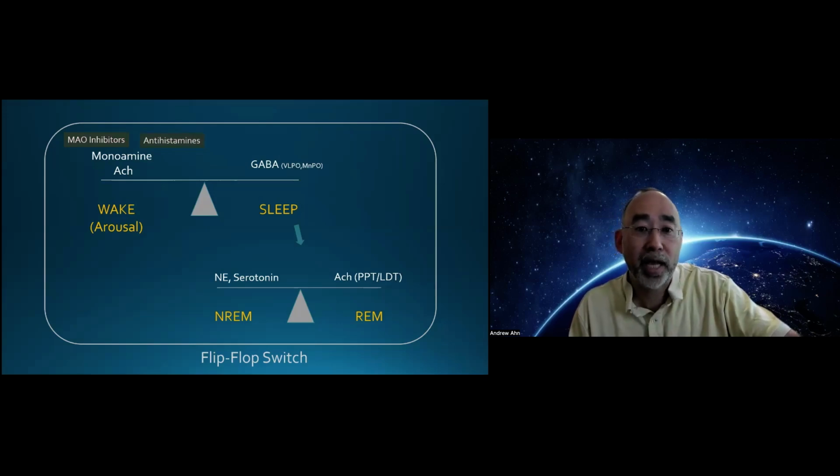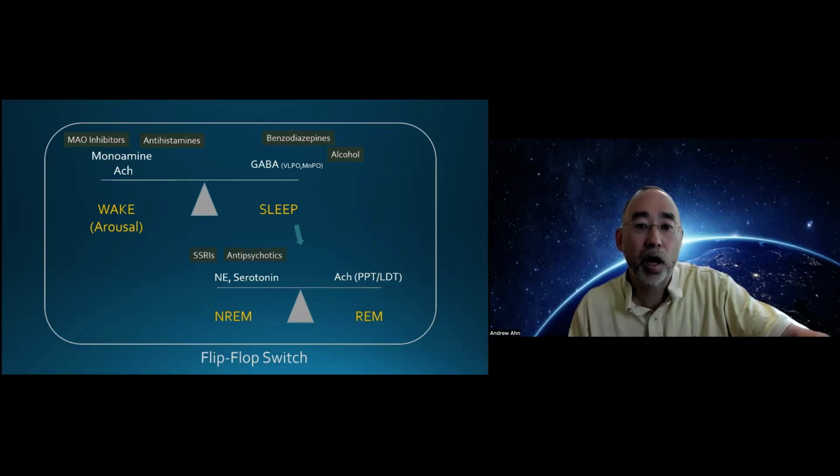Antihistamines like mirtazapine or doxepin block histamine, a key wake-promoting monoamine, and this is why they're often used as sleep aids. On the sleep side, we have benzodiazepines and alcohol, which both enhance the effects of GABA, and thus promote and strengthen the sleep side of the switch.